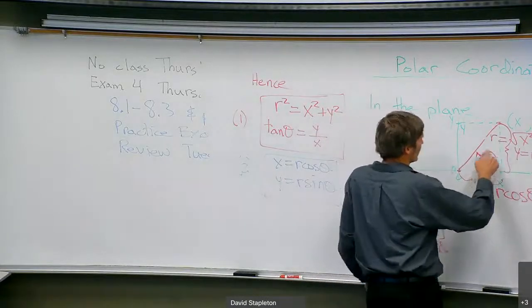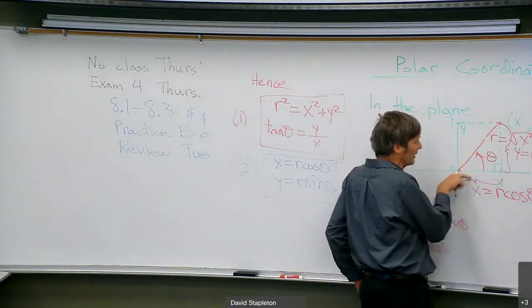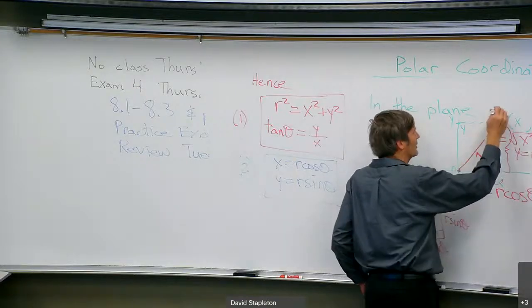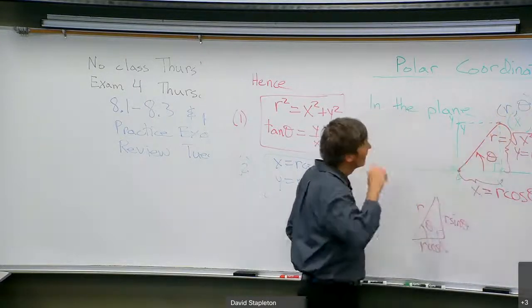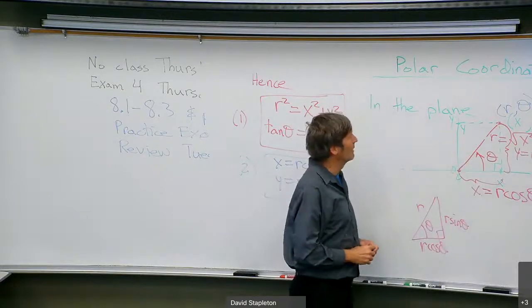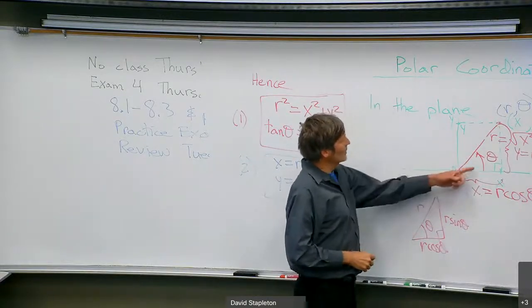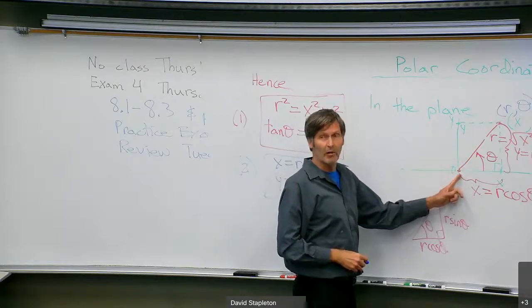But now what we do is we say, since any r and theta whatsoever identifies a unique point, we just turn through that angle and go out that distance. We'll just call those polar coordinates, right? And actually the origin in the xy plane, when you're using polar coordinates, is technically called the pole.